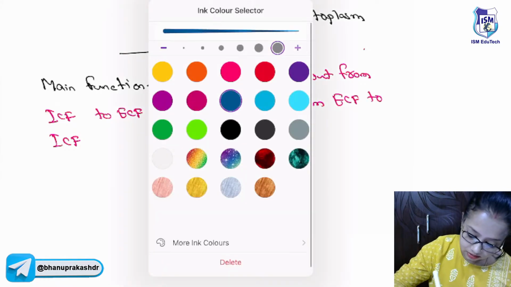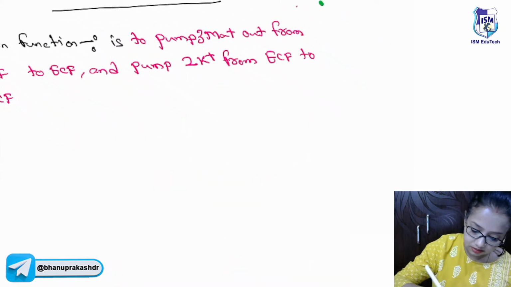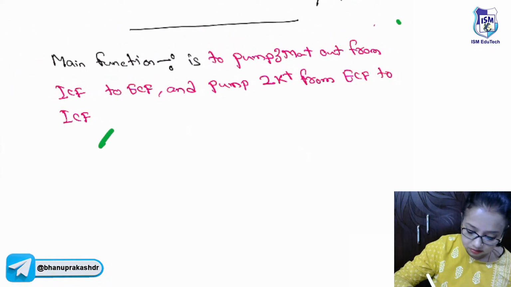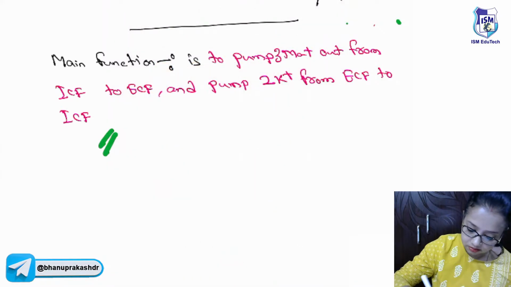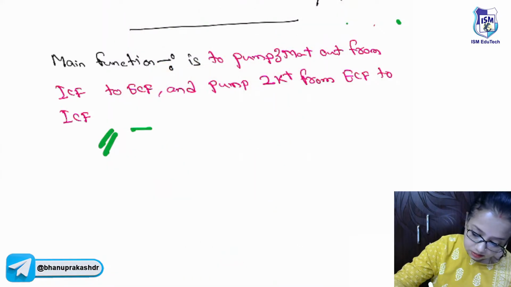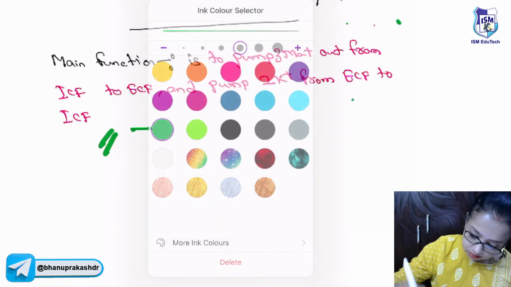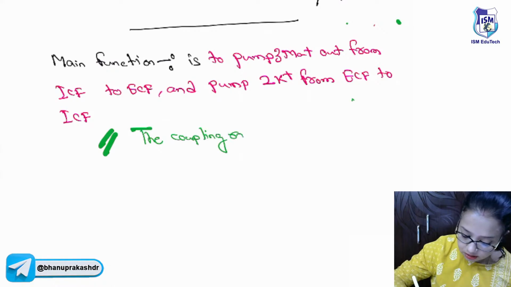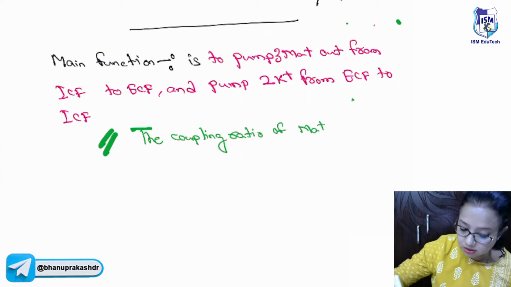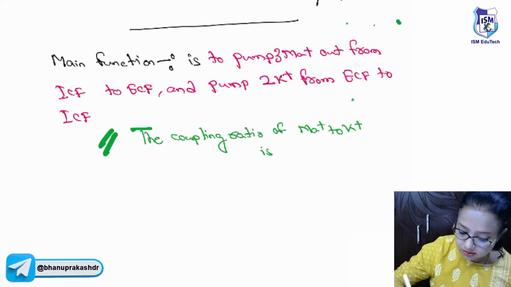Thus the coupling ratio of sodium to potassium is 3 is to 2.